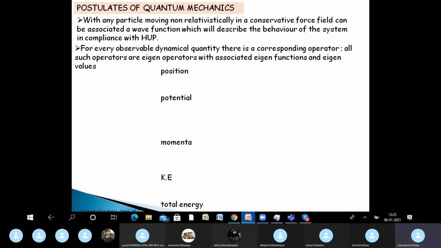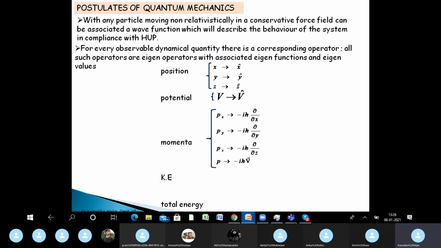So these are some of the dynamical variables like position, potential, momenta, kinetic energy, total energy, and angular momentum, etc. The position operators, and you know the corresponding eigenvalue equations, x psi equal to x psi, potential, momenta, the three momenta in the three directions separately, and in three dimensions minus i h cut gradient.